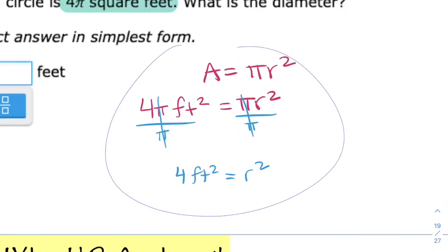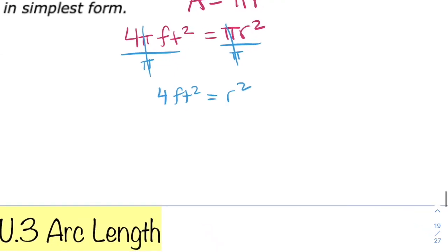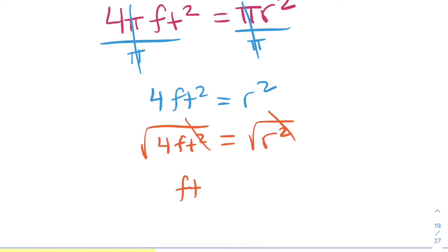And now, running out of room here, I'm going to find the square root of 4 feet squared and of r squared. So that goes away, that goes away. The square root of feet squared is feet. The square root of 4 is 2.